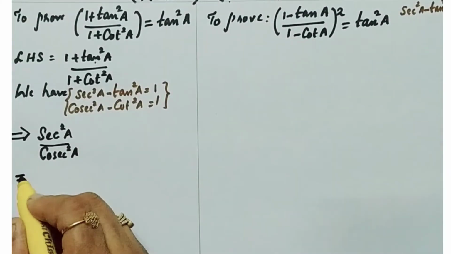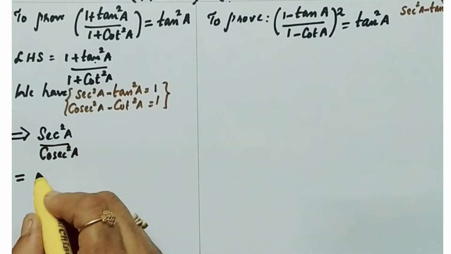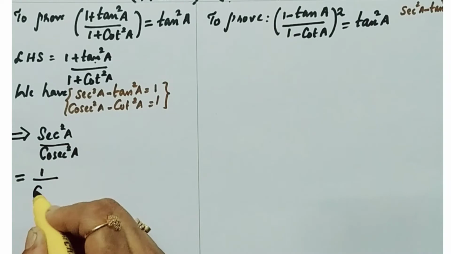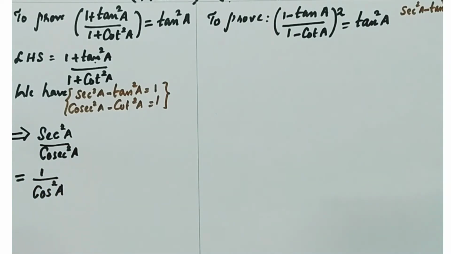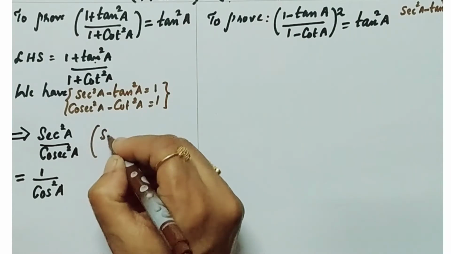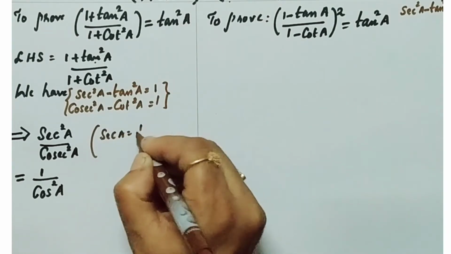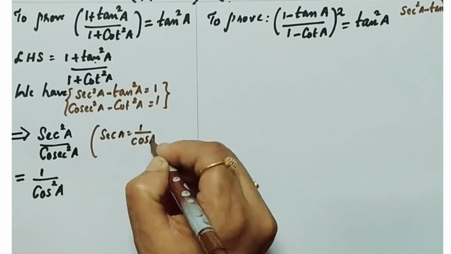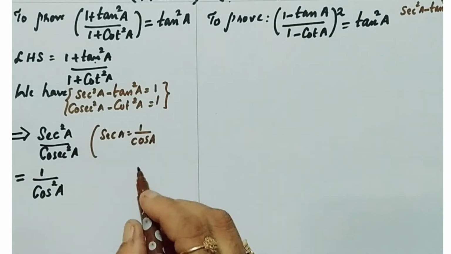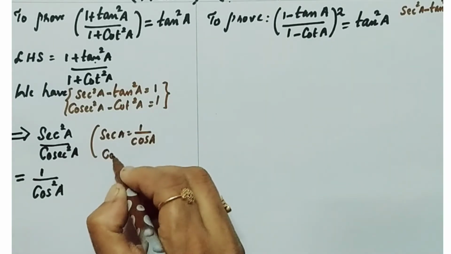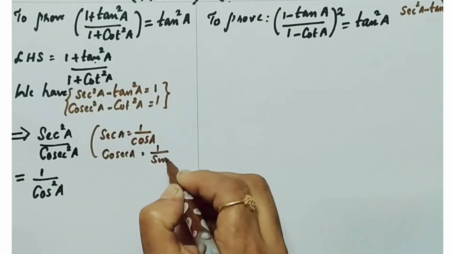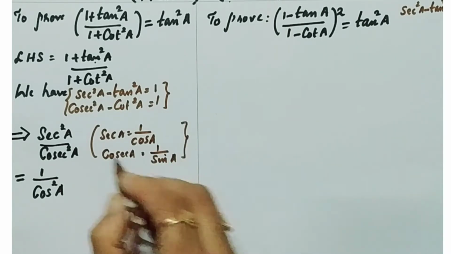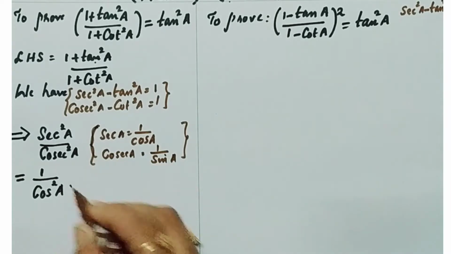Sec square A can be written as 1 by cos square A, because sec A is the reciprocal of cos A. We have sec A equals 1 by cos A. Sec A and cos A are reciprocal to each other, and in the same way, cosec A is the reciprocal of sin A. These are the two formulae I am going to use in this step.